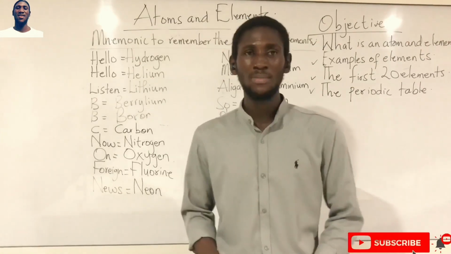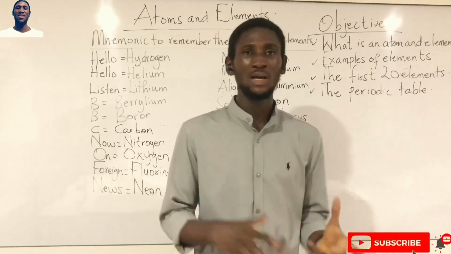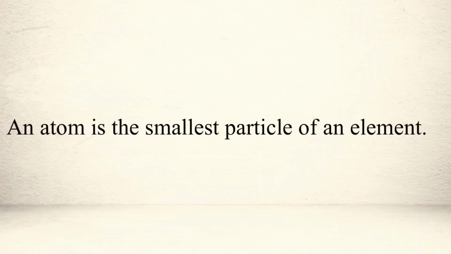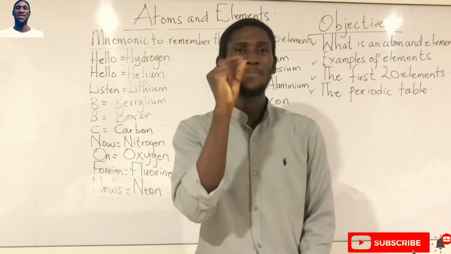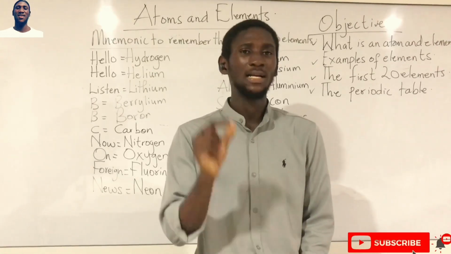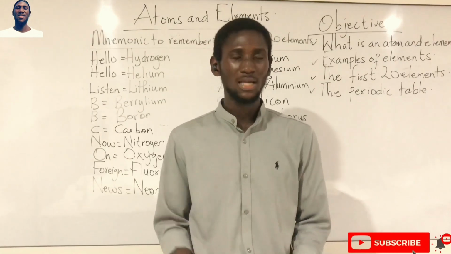We'll look at examples of elements in a bit. But first, let's look at the definition of an atom. An atom is the smallest particle of an element. Don't forget that atoms cannot be seen with the naked eye.